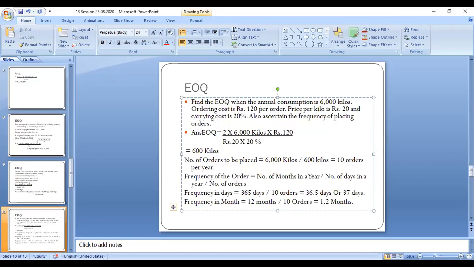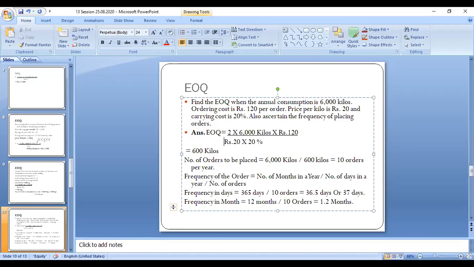So I will explain again one more time. This is a case similar to the first one. We have to calculate the economic ordering quantity. 6,000 kilograms is given, that is the annual usage.